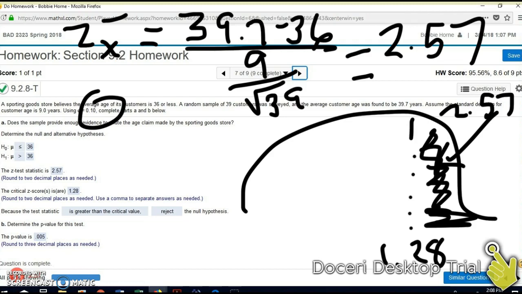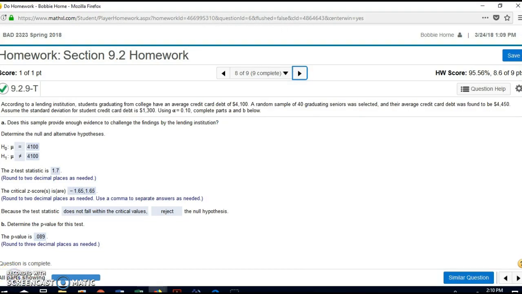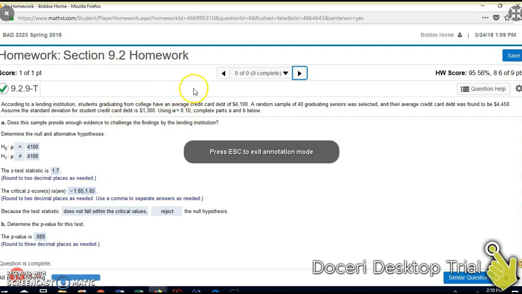Now, if you look up the p-value, a quick way to do it is you can look up negative 1.28 and get the exact p-value, or you can look up 1.28, get that p-value, and I believe it was 0.9949. So 1 minus 0.9949, and you end up getting 0.005 when you round.